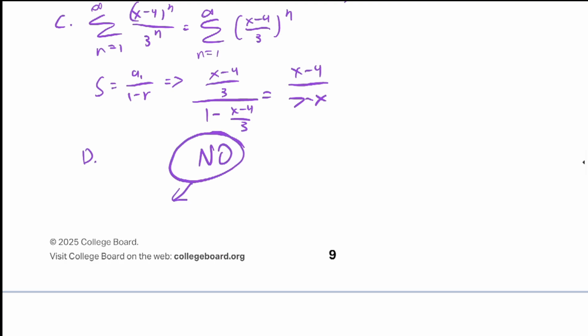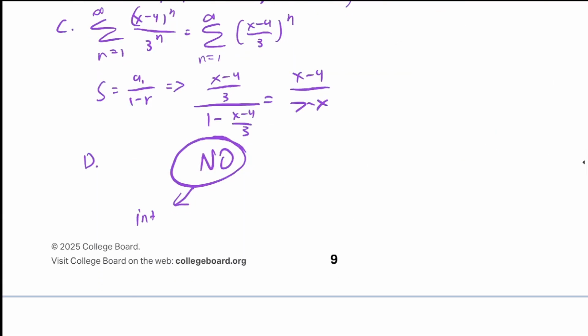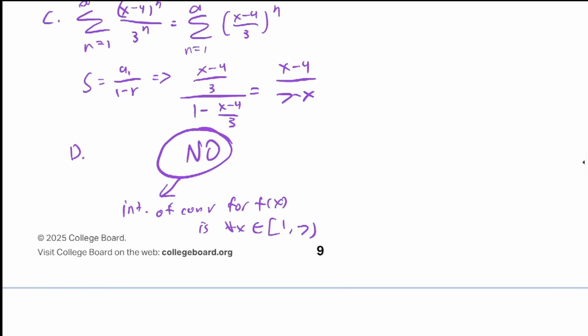First, the interval of convergence earlier for f is for all x on the interval from 1 to 7, including 1 but not including 7. That's the first part, and this is a fancy way of writing it.